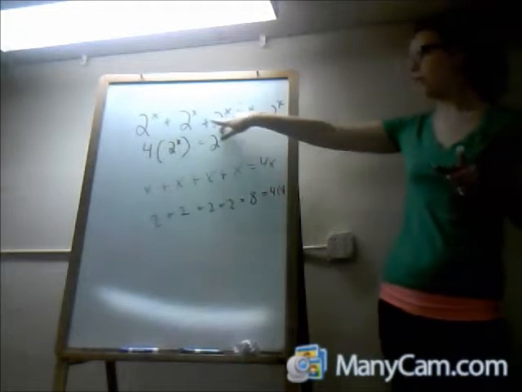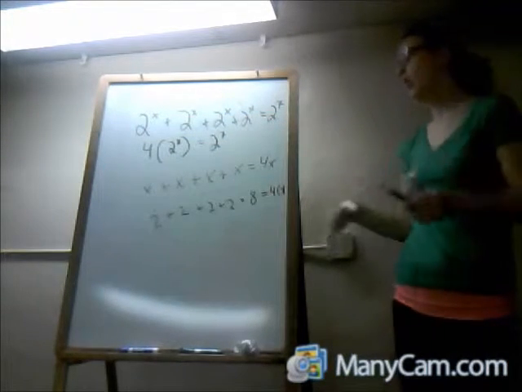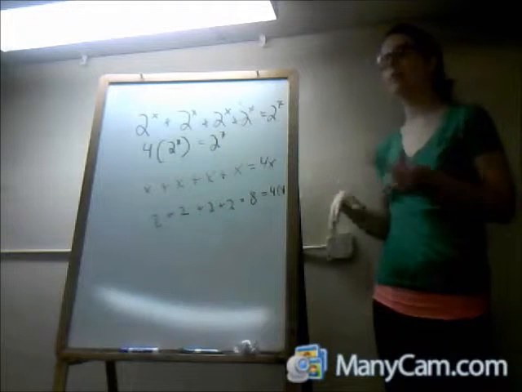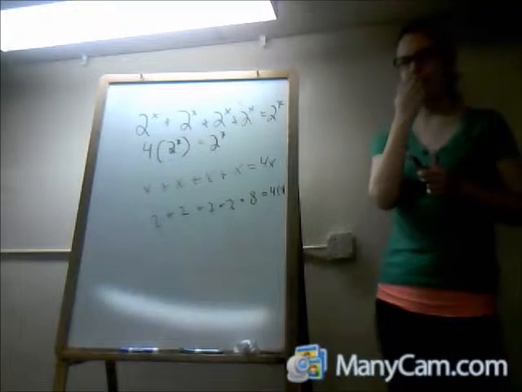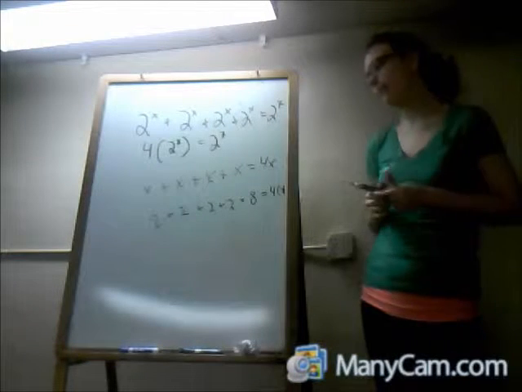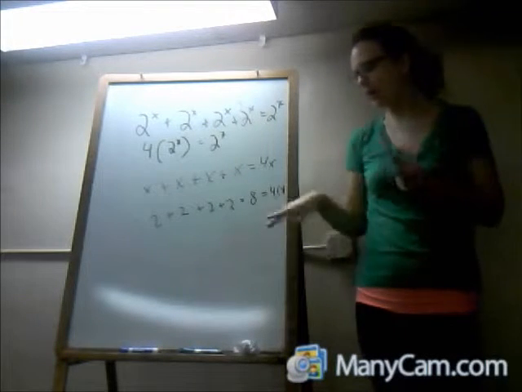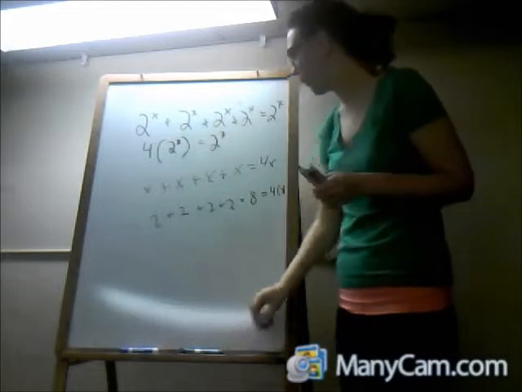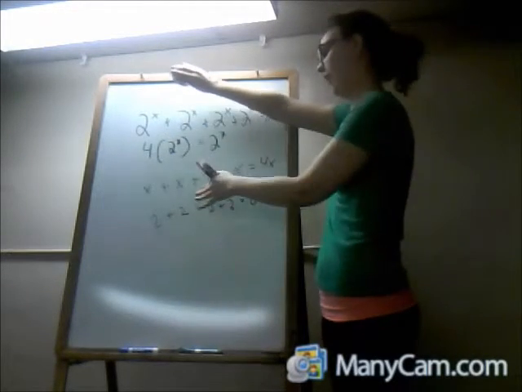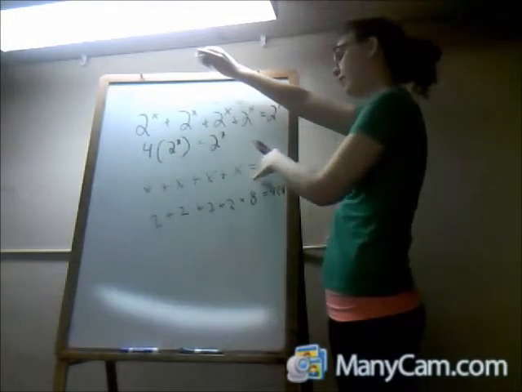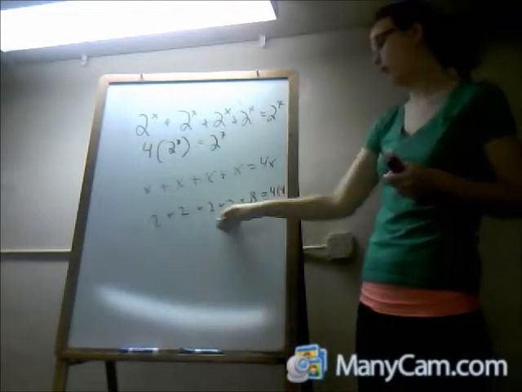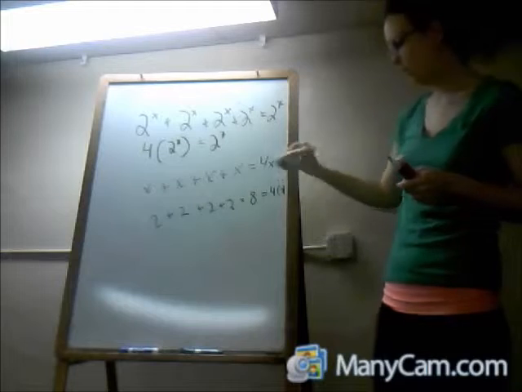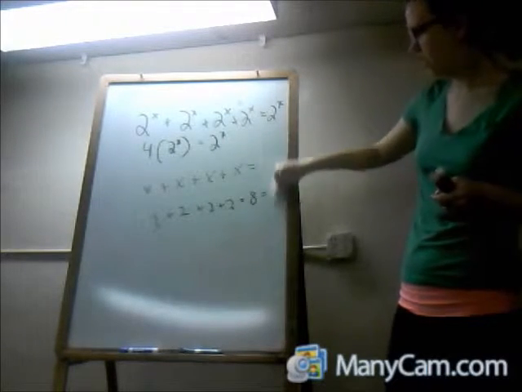Because we have 4 of these, rather than saying 2 to the x plus 2 to the x plus 2 to the x plus 2 to the x, we can say 4 times 2 to the x, because there are 4 2 to the x's. Oh, I see. Does that make sense? I know it's weird because it's in this exponent form, but if we don't look at this for a second, x plus x plus x plus x is definitely 4x, right? Or 2 plus 2 plus 2 plus 2, that's definitely 4 times 2.